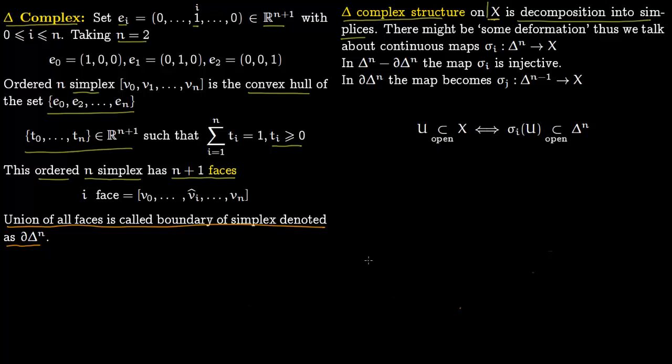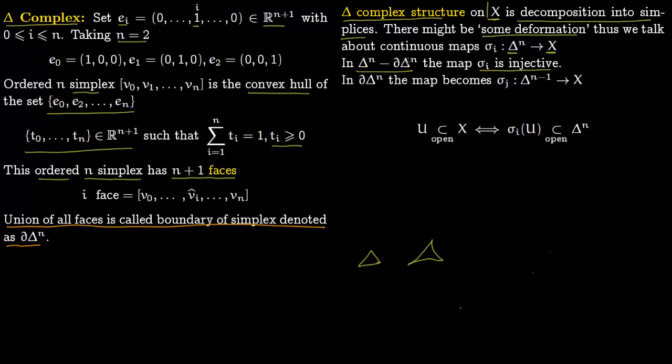Instead of a perfect triangle, you could have something deformed. Thus you talk about continuous maps from the simplices to the space X. First you talk about the interior of the simplex, which is the simplex minus its boundary. On the interior the map is injective.